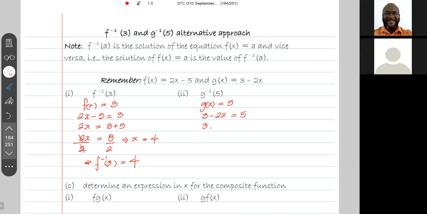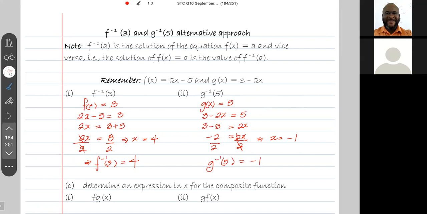So 3 minus 5 is equal to 2x. So we have minus 2 is equal to 2x. And I'm going to divide both sides by 2, and I get that x is equal to minus 1.